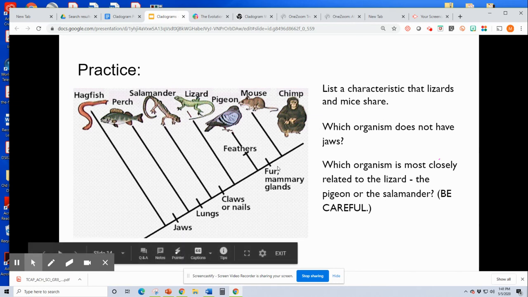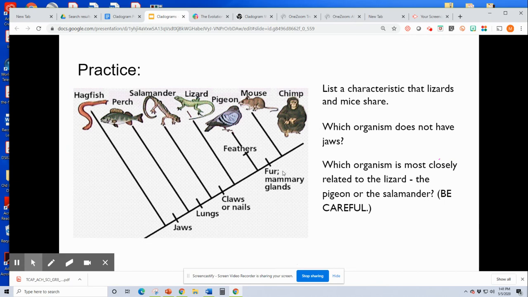The mouse has all of these things, including the fur and the mammary glands, because I came right there and I'm just looking back through. So the lizard and the mouse both have claws or nails. You could have that. They both have lungs and they both have jaws. Okay. The only wrong answer would be to tell me that a lizard also has fur and mammary glands.